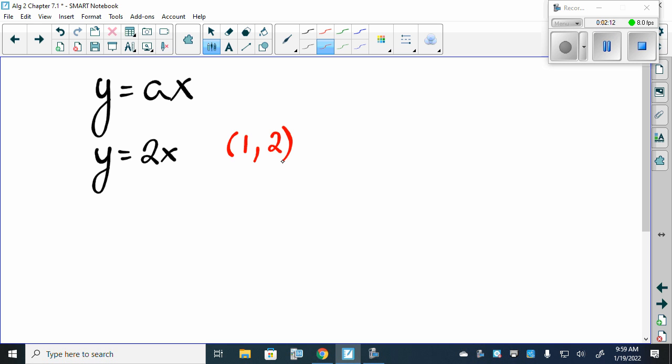So the y value would be 2. So when x is 1, y is 2. Now, if we increase x to, say, 3, well, 2 times 3 would be 6. So when the x value increased, the y value increased. This is why we call it a direct variation.